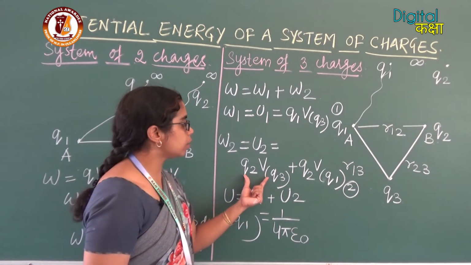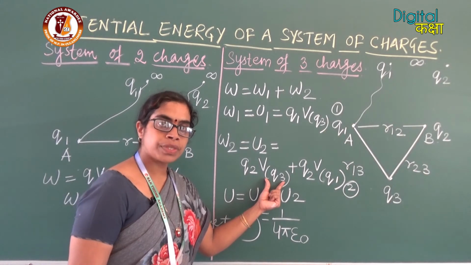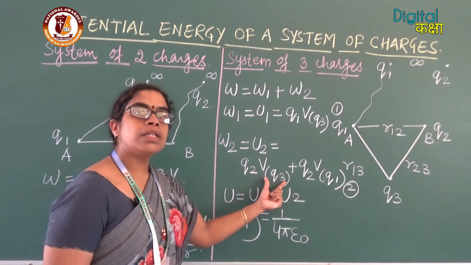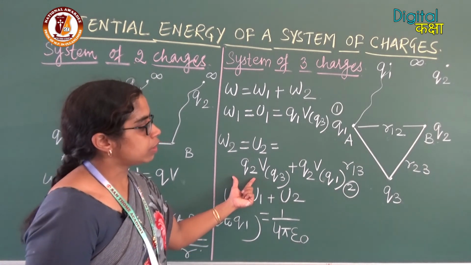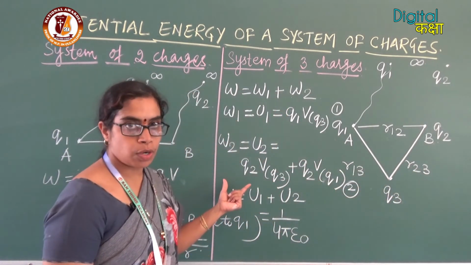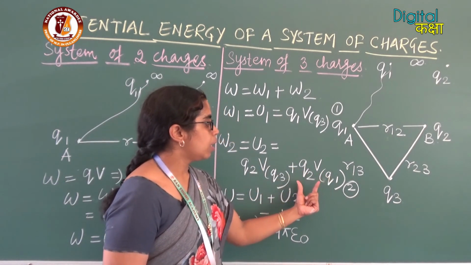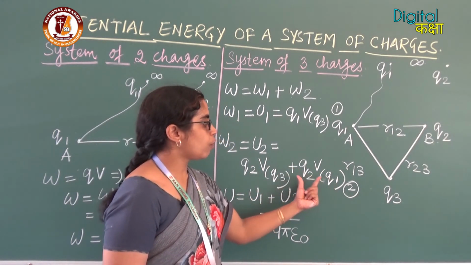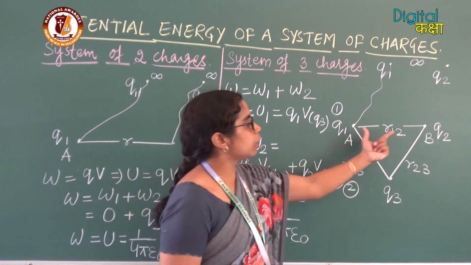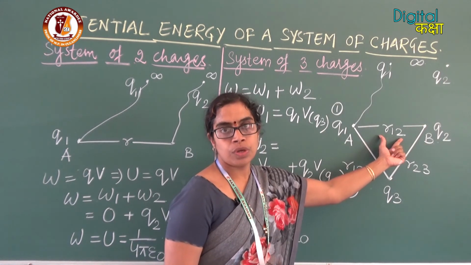For the term Q2 into potential due to the charge Q3, I will get the product of Q2 and Q3 in the numerator and the distance between them, R23, in the denominator. For the third term, we get the product of Q1 and Q2 in the numerator and in the denominator the distance between Q1 and Q2, which is taken as R12.